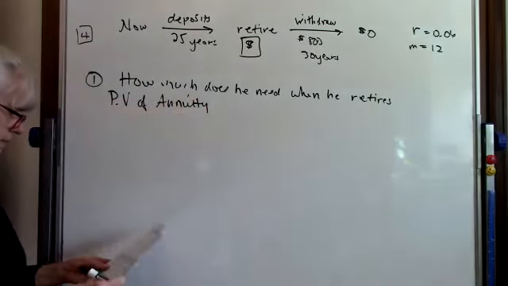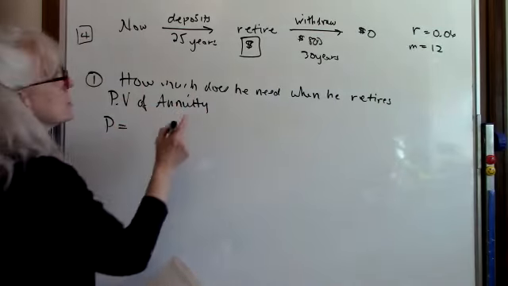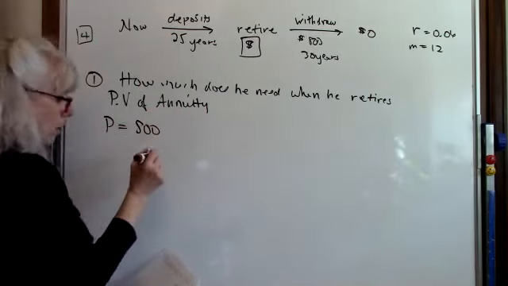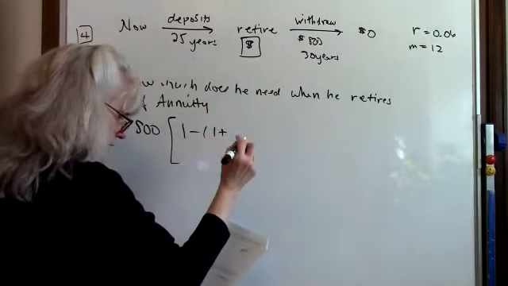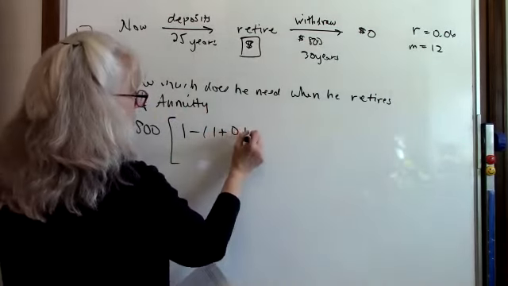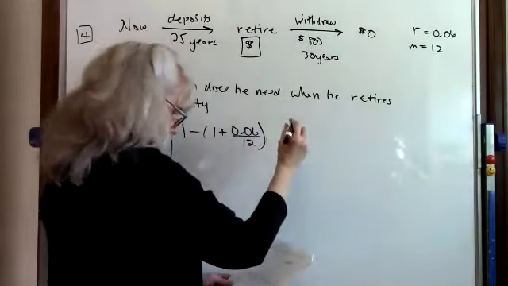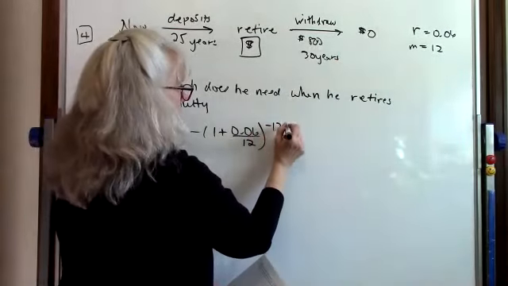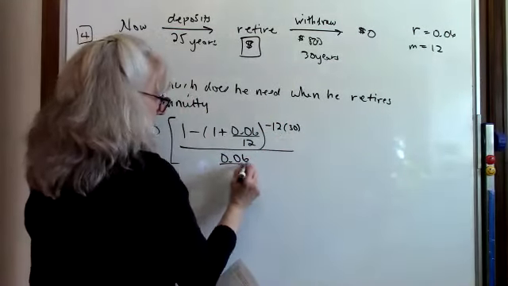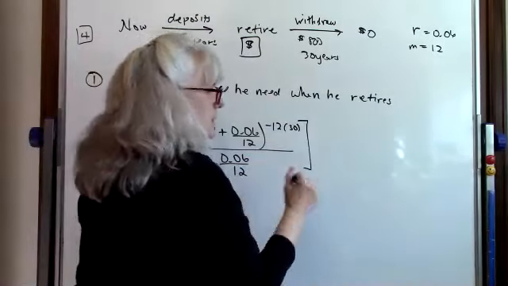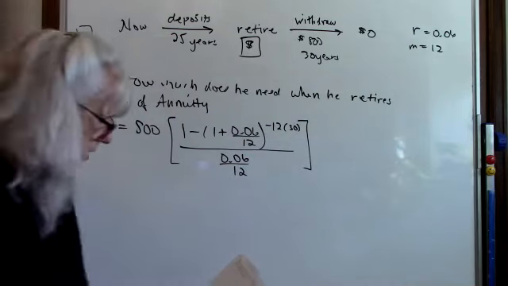So P is equal to the $800, that's our R. Then we have 1 minus 1 plus, and I'm just using the present value formula, 0.06 divided by 12. And again, he's going to do that for 30 years, so that would be negative 12 times 30, all over 0.06 divided by 12. That's how much he needs in the bank when he retires to be able to pull $800 a month out of it for those 30 years.